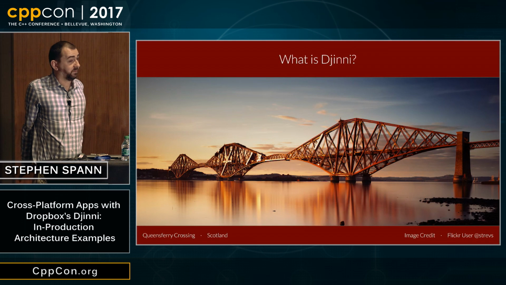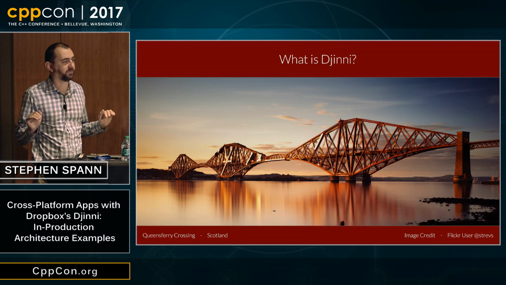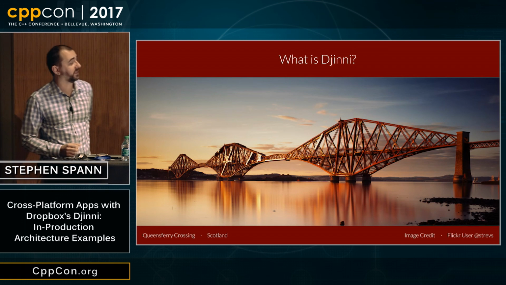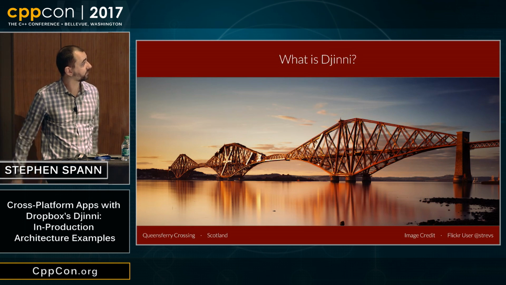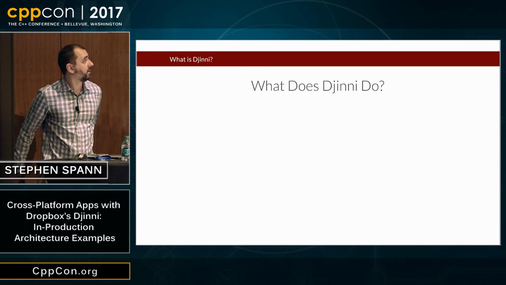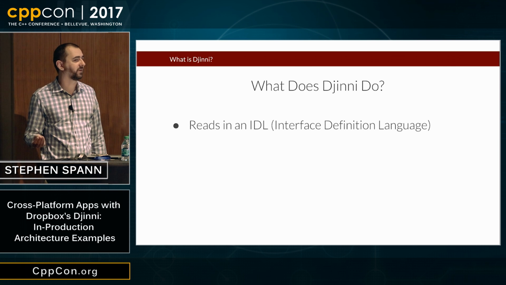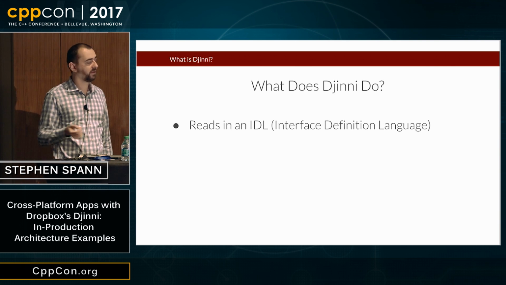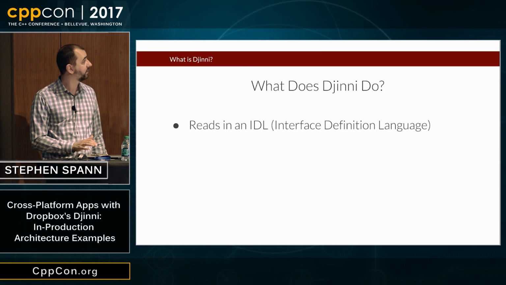Okay, so let's go over Djinni. Well, first of all, any questions before we move on? Good so far? Okay. So let's go over Djinni and what it does and how it can help us. What does it do? It takes in basically a configuration file called an IDL, interface definition language. We can define interfaces, enums, that kind of thing.